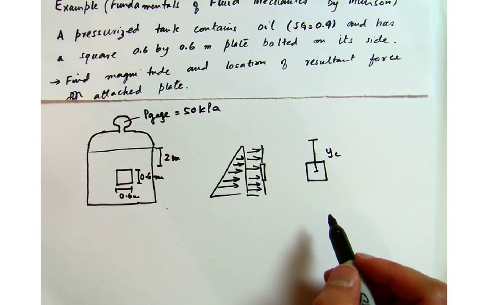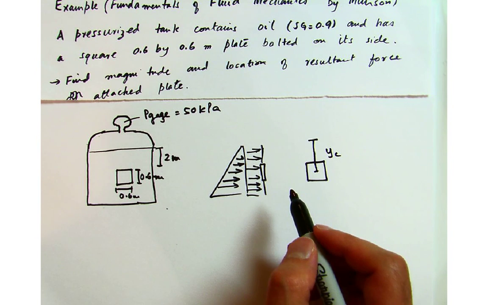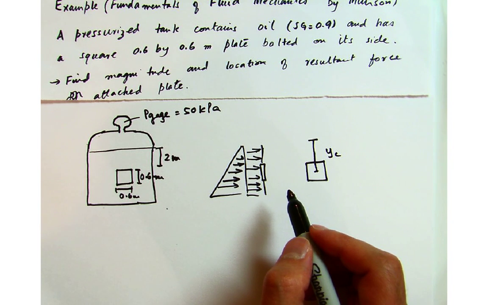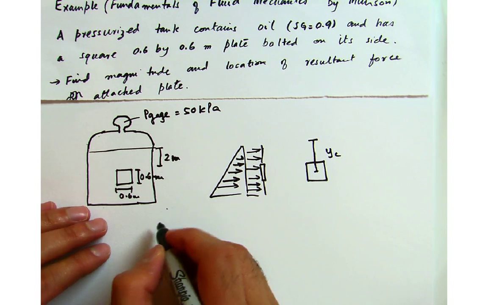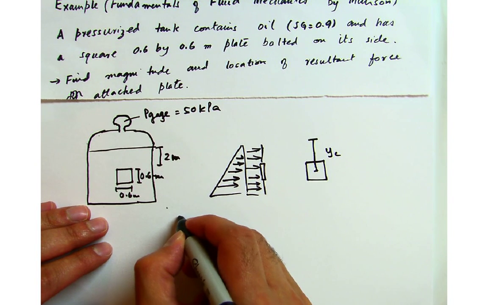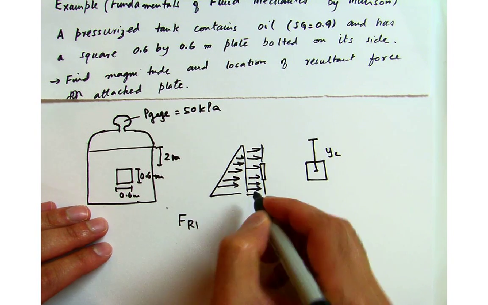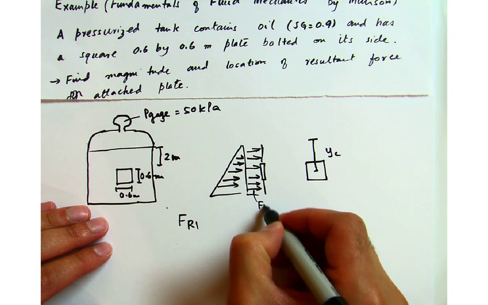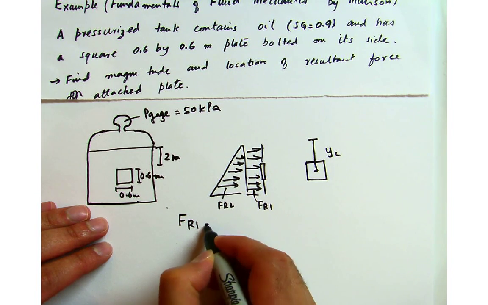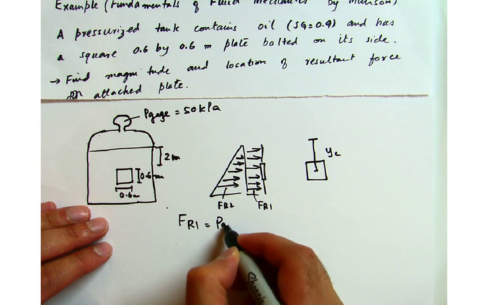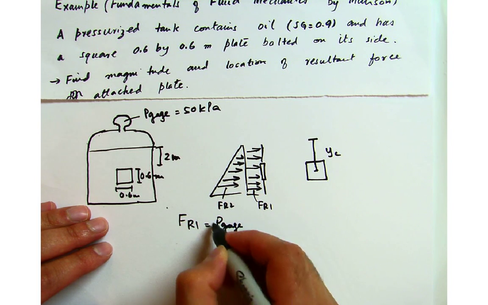Alright, so first of all we have to find the two forces, FR1 and FR2, which will give us the total force. So let's compute this FR1, which will be somewhere over here, and FR2 is here. FR1 is simply P gauge times the area.